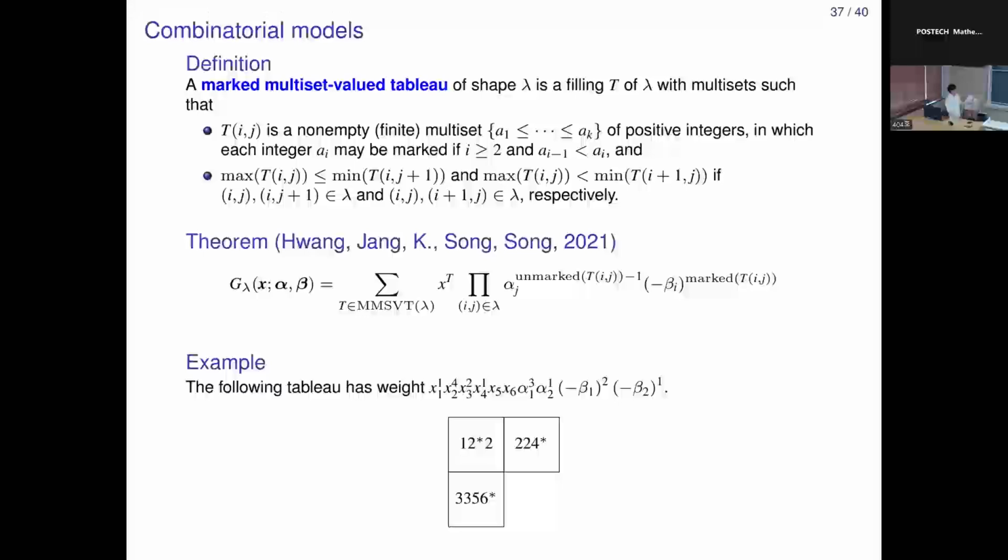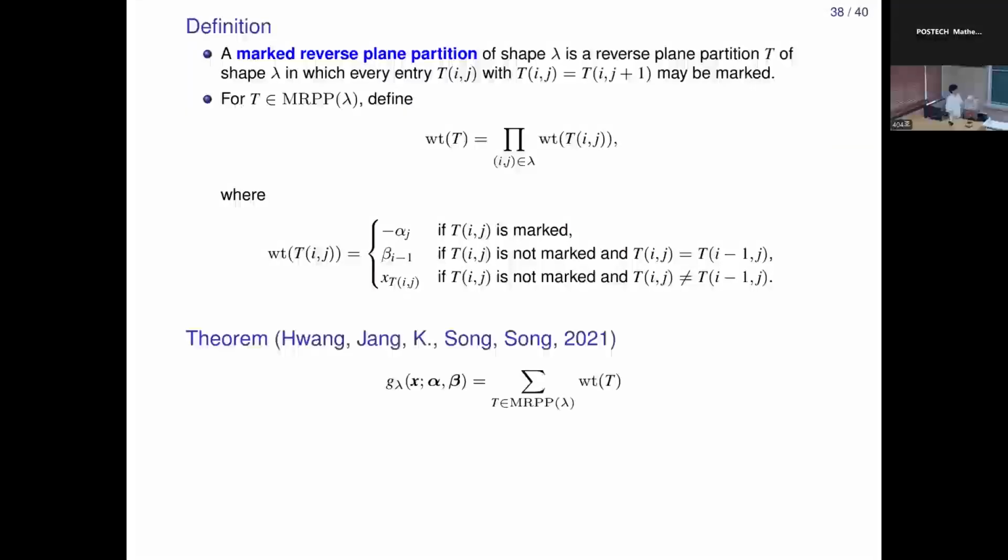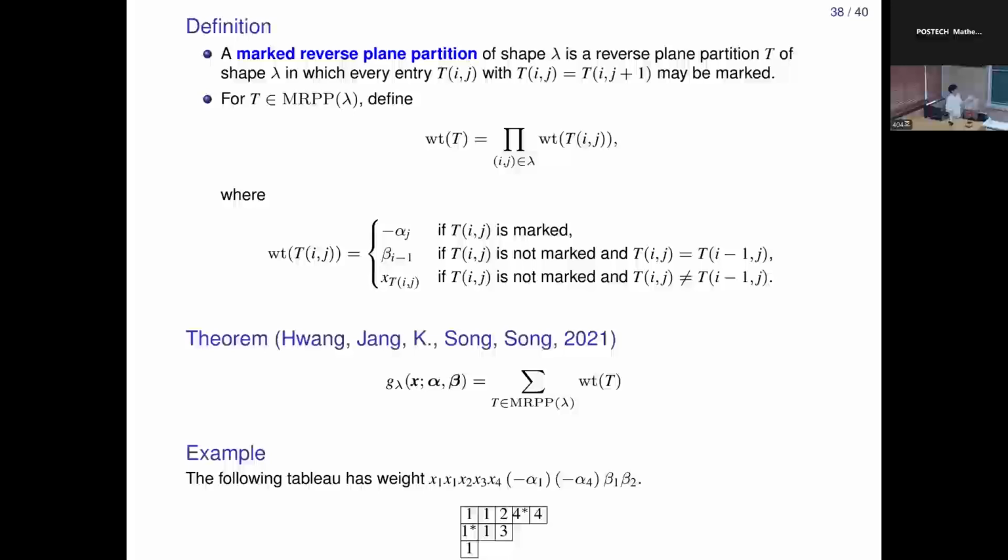We may have multiple elements, and we have some rule to mark some entries there. So the generating function is basically over objects like this, with the same conditions, weakly increasing and strictly increasing. It generalizes everything that we have seen so far. And for the dual version, we have similar things with some markings.